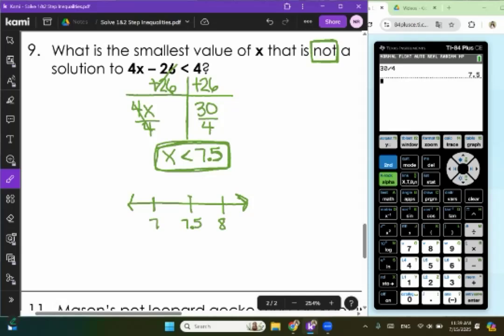Our solution, because it is not underlined, would be an open circle shaded this way. Okay. Now it says, which is the smallest value of x that is not a solution? Well, out of the shaded stuff, which one is not a solution? Starting right here, because it is an open circle.